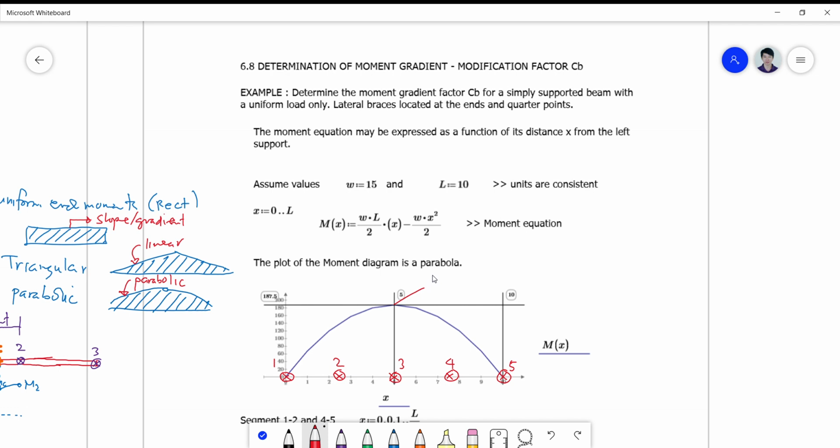Okay, so this is simply your M max, or M at this point, let's call it M3, okay, is equal to WL squared over 8.